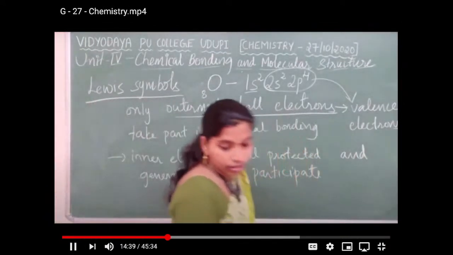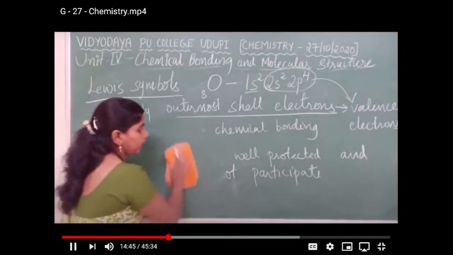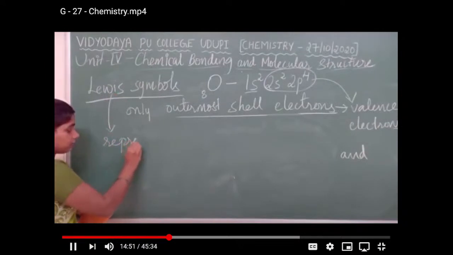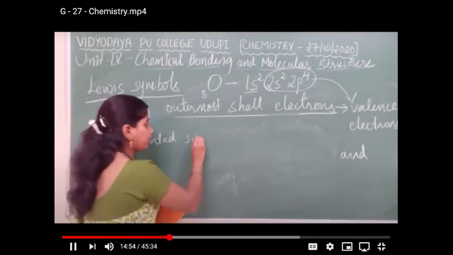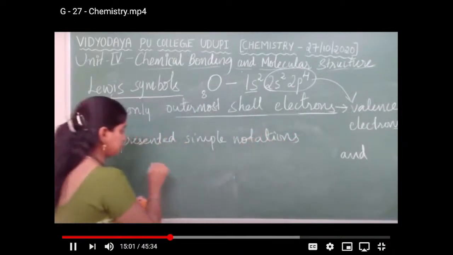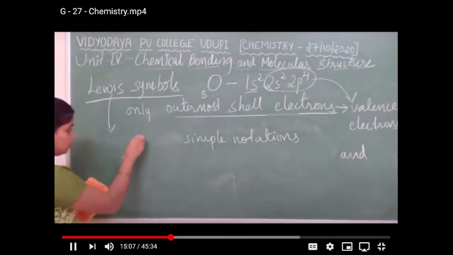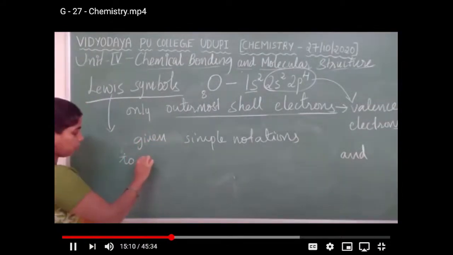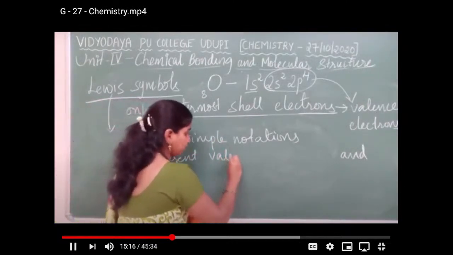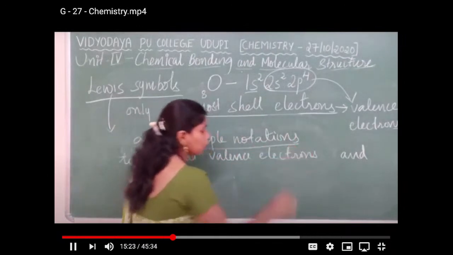So Lewis introduced simple notations to represent the valence electrons. That simple notation is the dots.